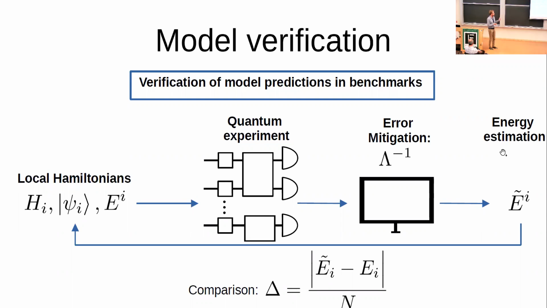We have this value of energy estimated from the experiment, and we compare it to the true value of that eigenstate. In order to have a fair comparison between different devices, we take the absolute difference between the two and divide it by the number of qubits.